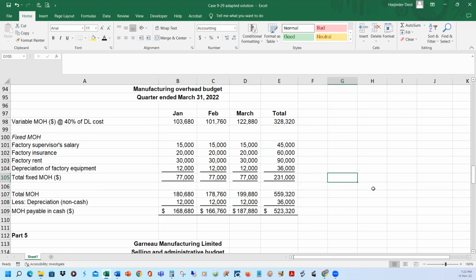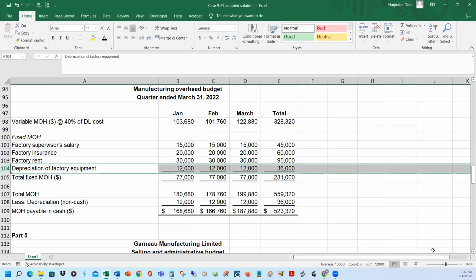Some of you may be tempted to ask, okay, so if you're going to subtract depreciation anyways, why do we bother to include it in the first place, right? Why bother to include $12,000 of depreciation if we were going to subtract it anyways? And the answer to that is that depreciation, although it's a non-cash item, is very much part of my manufacturing overhead costs.